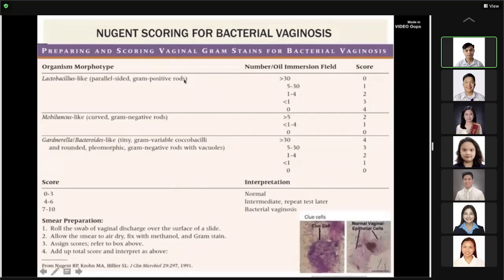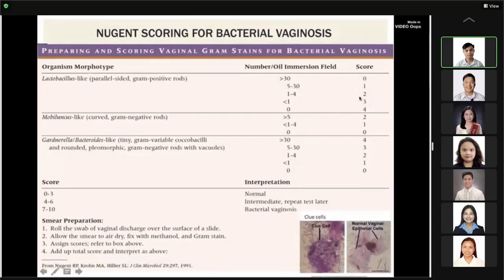And so kung sila yung madami, then there is no bacterial vaginosis. If there is less lactobacilli with proliferation of gram-variable cocobacilli, which are Gardnerella vaginalis, then there is bacterial vaginosis.